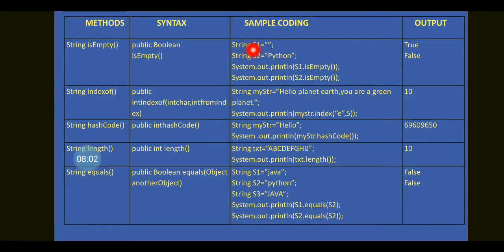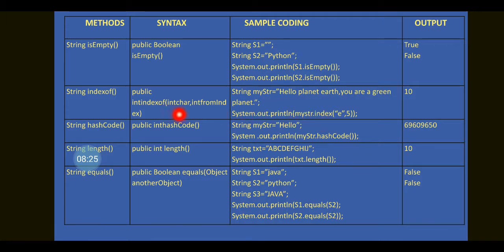For example, in the string s1 there is nothing, and in s2 we have stored the string value Python, so that s1.isEmpty() will return true as a result, and s2.isEmpty() will return false as a result. And then indexOf() is used to find out the position of the particular character.